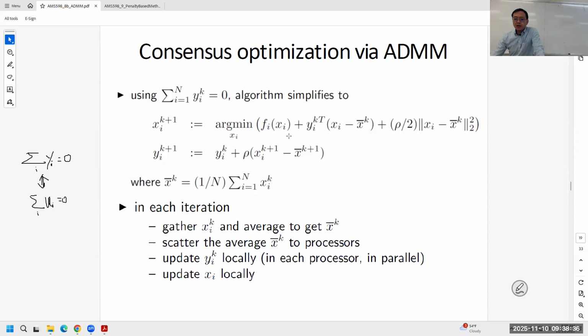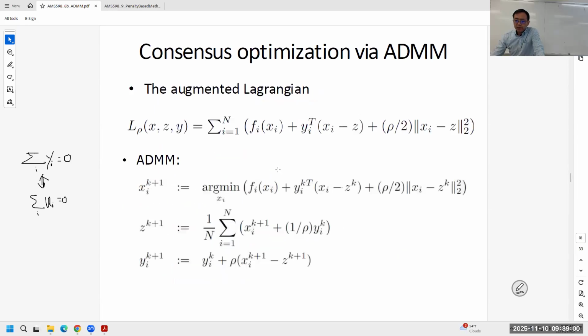Fi(xi) is the negative log likelihood function for the data, so you want to minimize the negative log likelihood, plus yi,k, the Lagrangian multiplier you get from the previous step. Now you have xi minus x bar k. This is from before: you want xi minus zk, because the summation over i of yi is equal to 0.